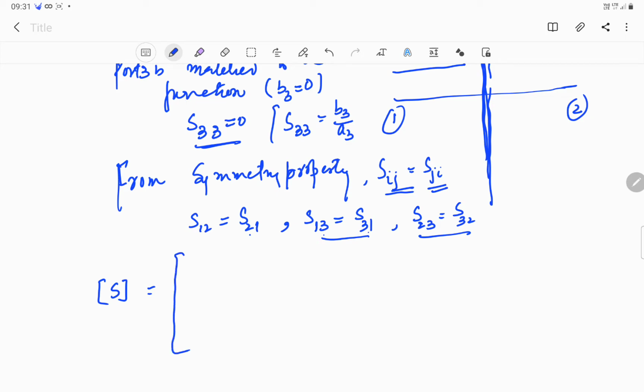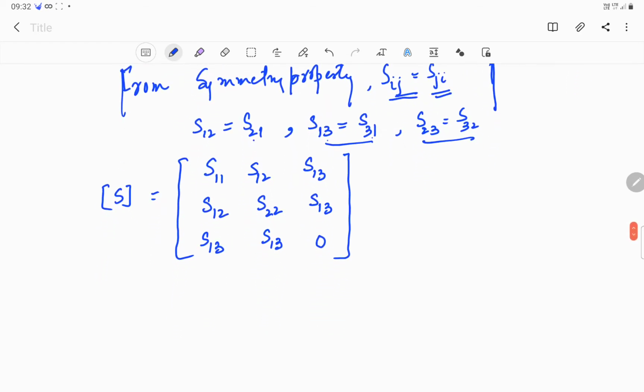using the above conditions that S12 is the same as S21 and further S33 is 0, our S matrix can be written as S11, S12, S13; S12, S22, S13; S13, S13, and 0.